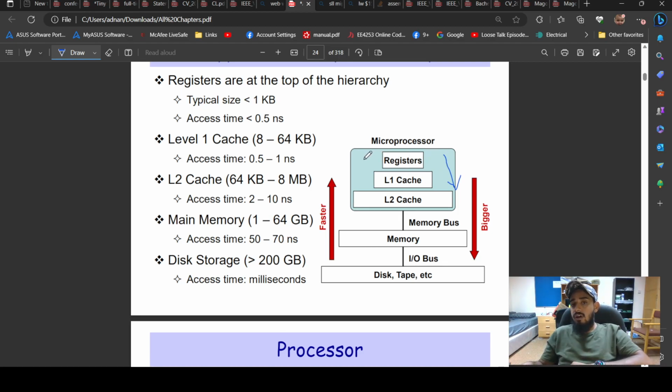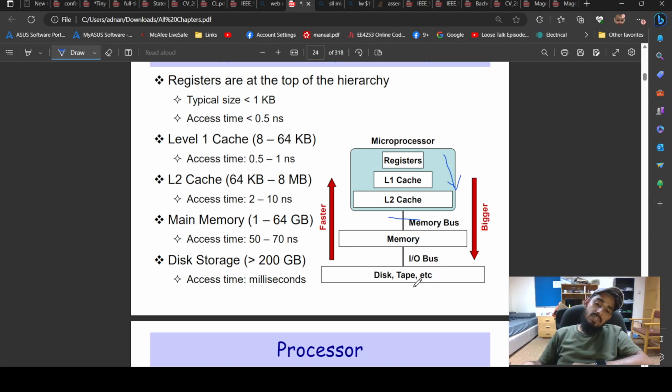We first look for our data in the register; if not, then it is in the level 1 cache, then the level 2 cache. These three are inside the processor. From the processor to the main memory there is the memory bus, which we use to access memory, and the memory is connected with the disk and tape.